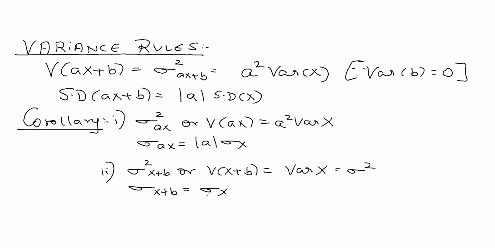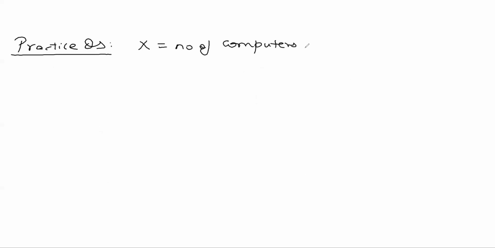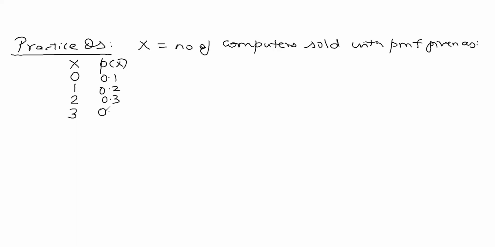Okay, and the last thing we do, after which we stop, remember the computers example we had done? Let's do one last practice question. Same computer example: let x denote the number of computers sold with the probability mass function given as 0, 1, 2, 3, and the probability mass function was 0.1, 0.2, 0.3, 0.4.